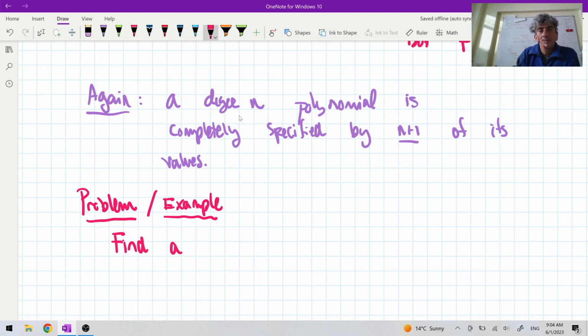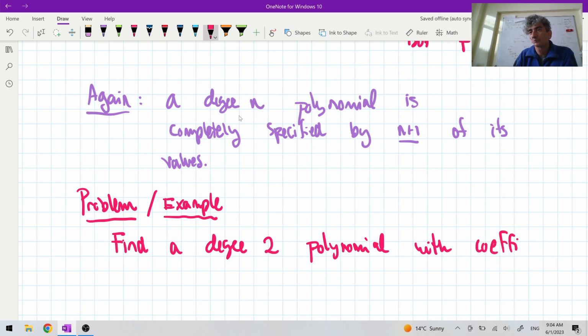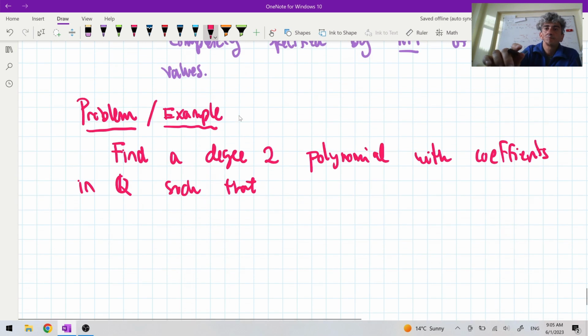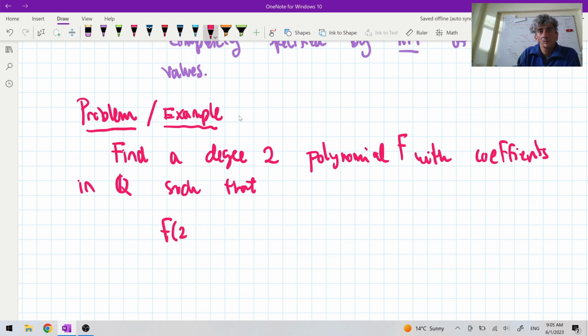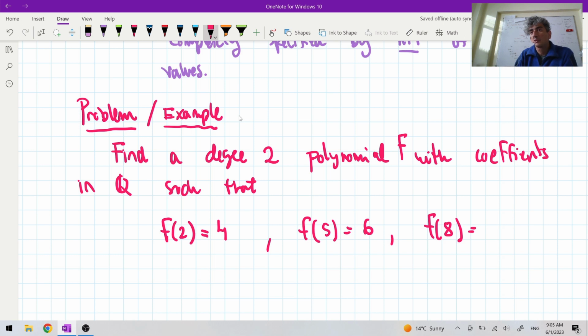Find a degree 2 polynomial with coefficients in Q such that f at 2 equals 4, f at 5 equals 6, and f at 8 equals minus 2.